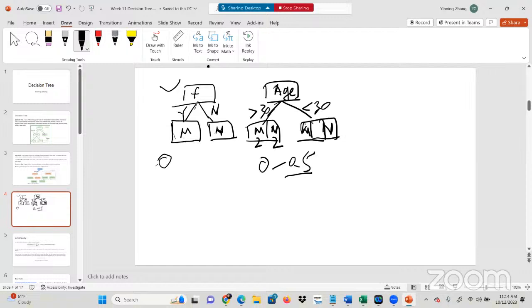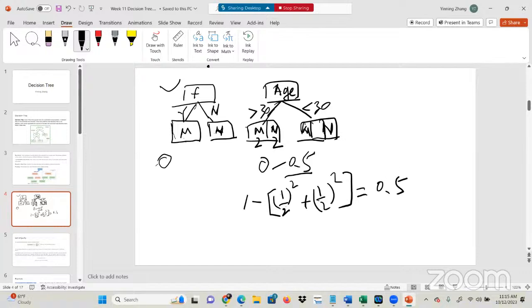Then the Gini impurity will be 1 minus one half squared, that's the probability, 2 divided by 4, plus this probability is also one half squared. Altogether that's 0.5. So that's the maximum number of Gini impurity. Half-half, that's the worst feature.